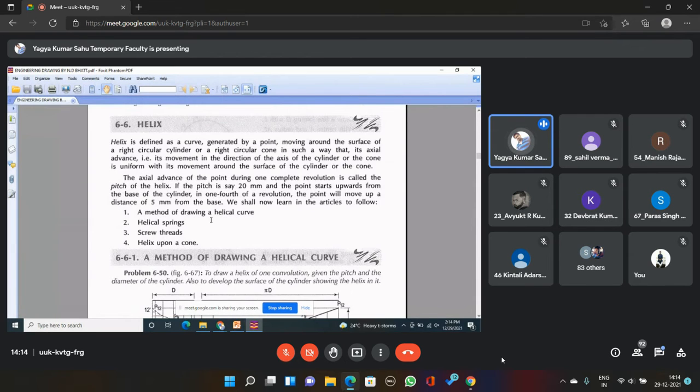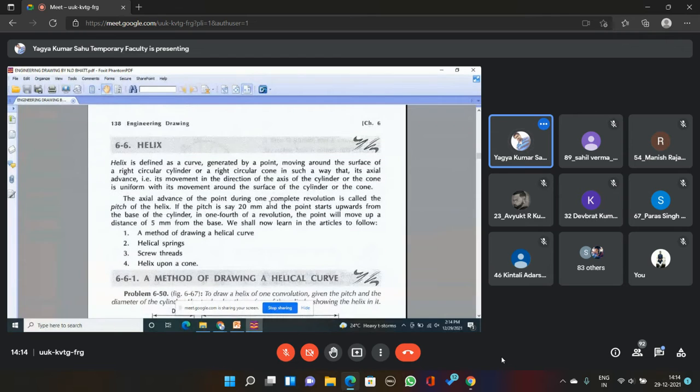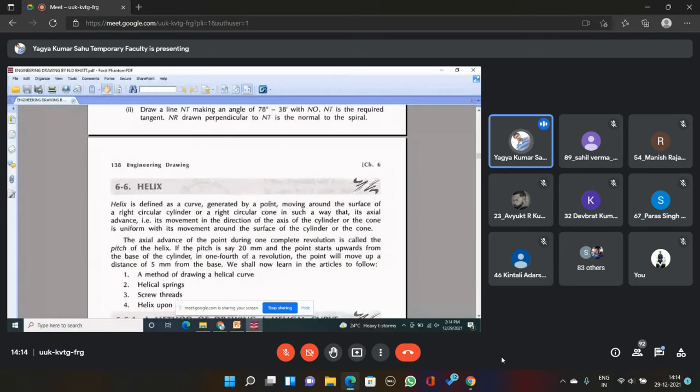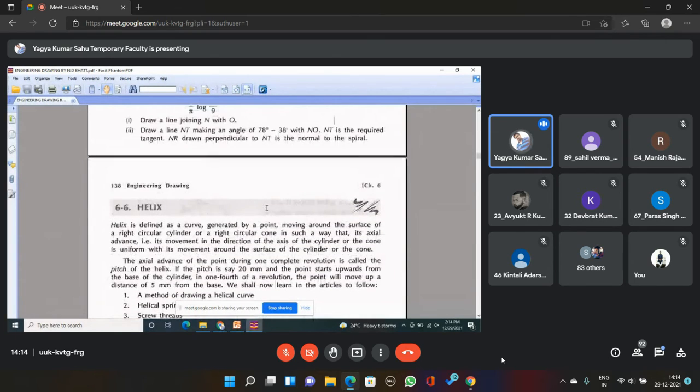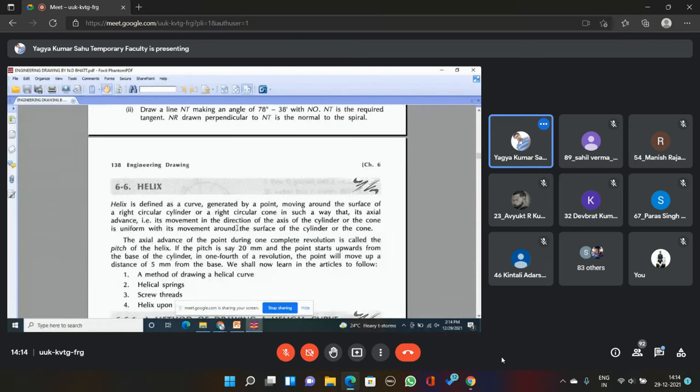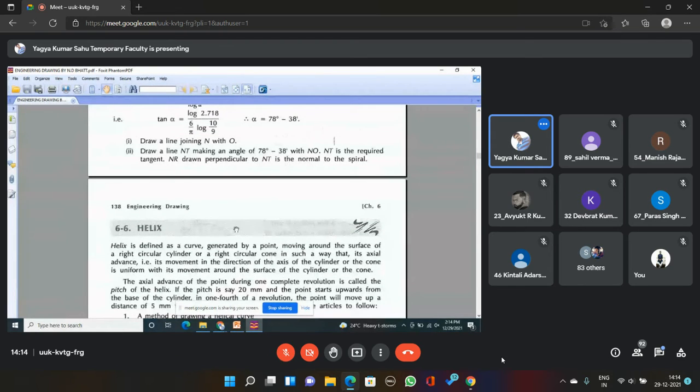These helical curves are used. Where will they be used? Tell me the physical appearance. Where do you see helical curves? So, spring. Helical springs. And DNA strands. Very good.